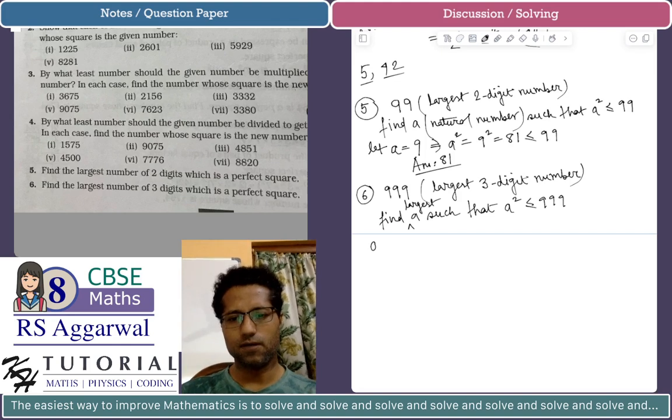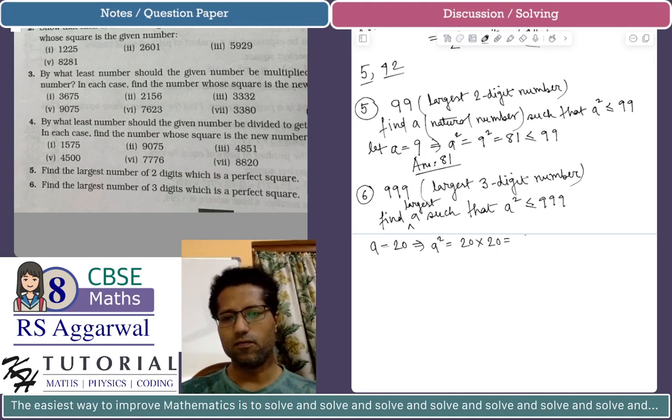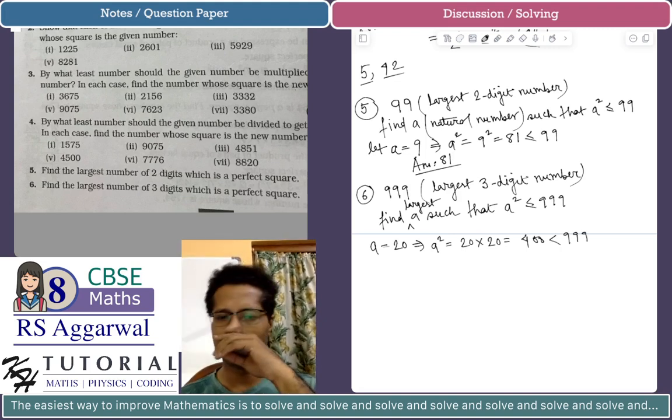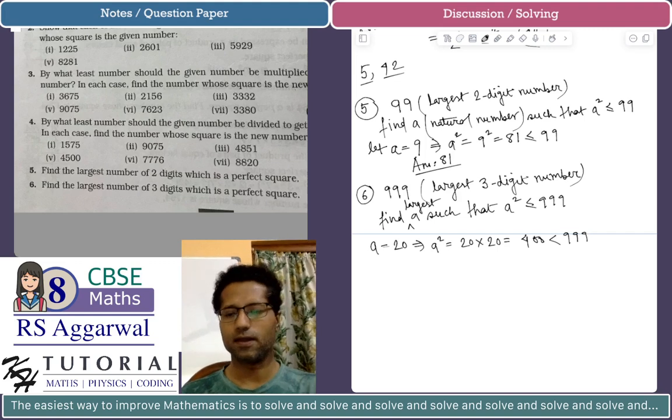So if a equals 20, this implies a square is equal to 20 into 20 equals 400, which is less than 999. We have to make it very close to 999.